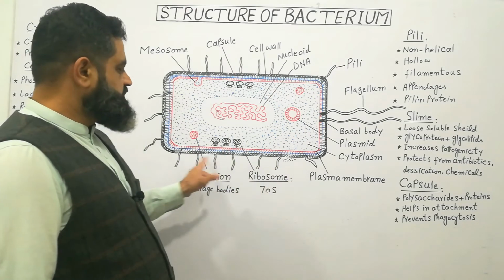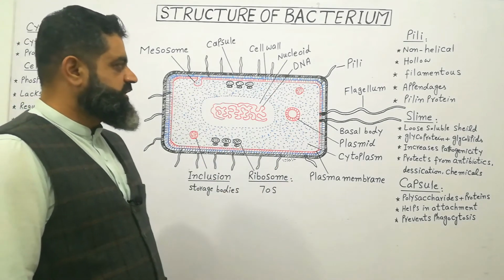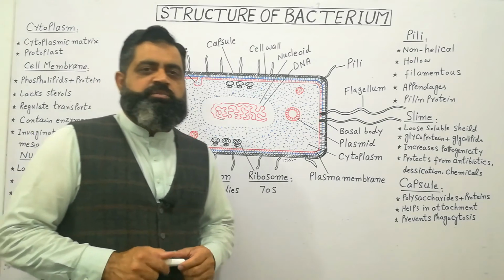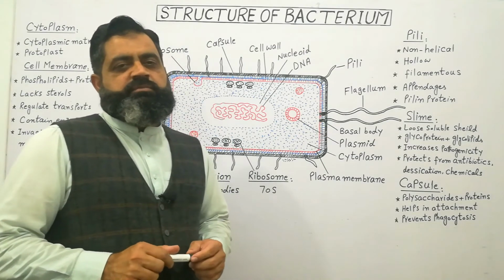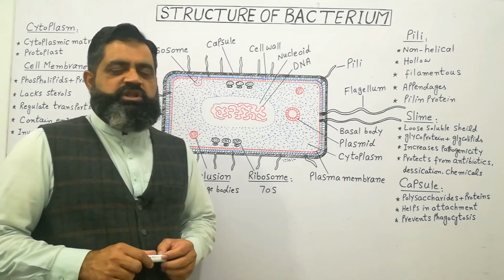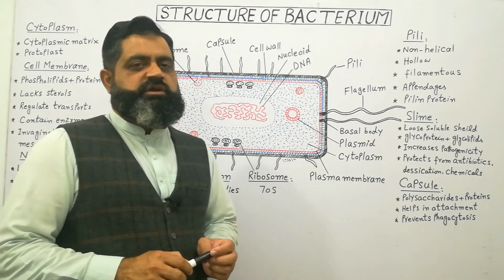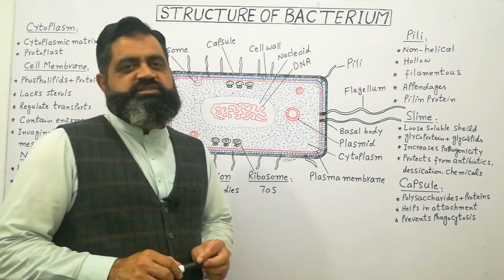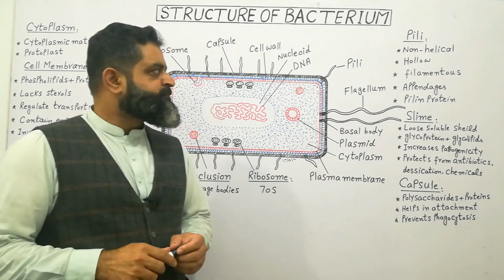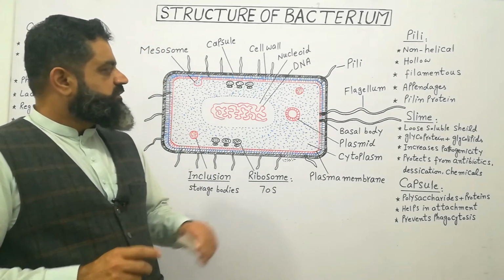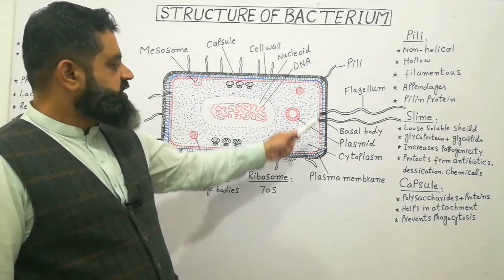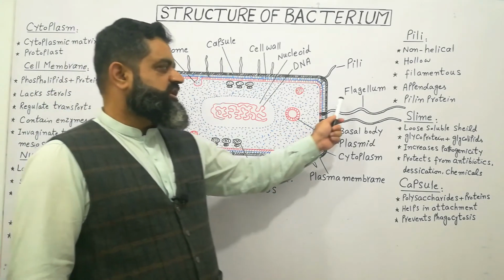As you can see, short filaments on the body of the bacterium. These appendages are made up of pilin protein. They are not involved in motility, and pili are used for the conjugation process, which we will discuss in a later lecture.